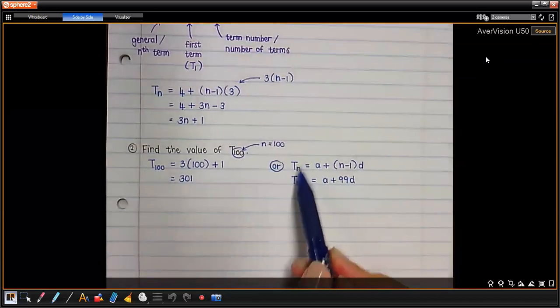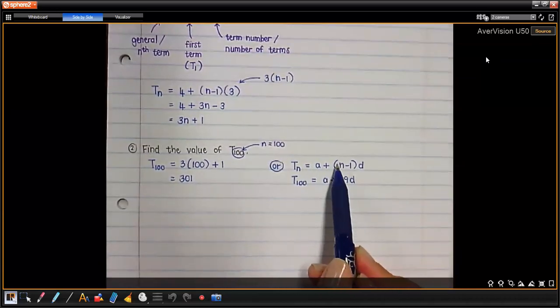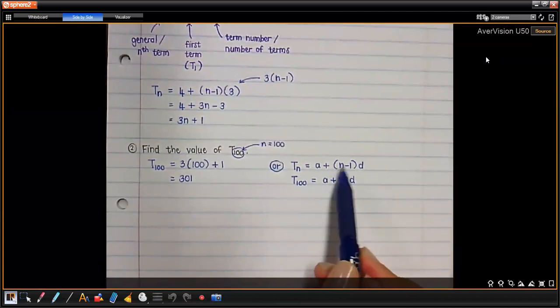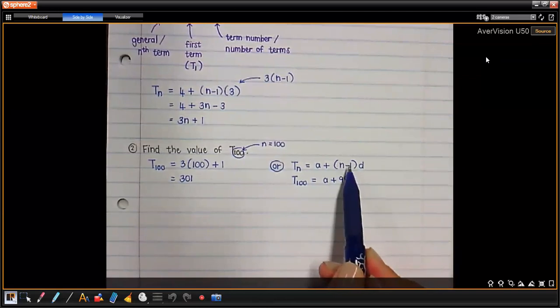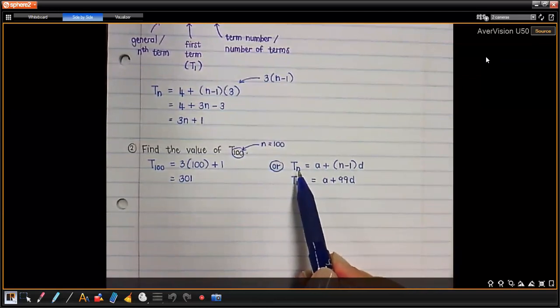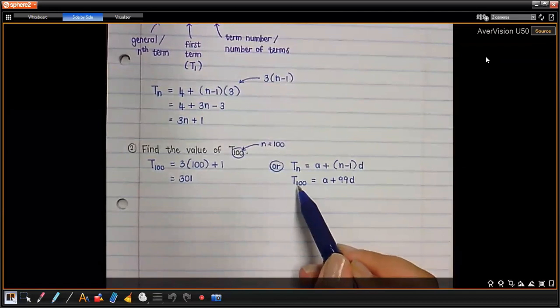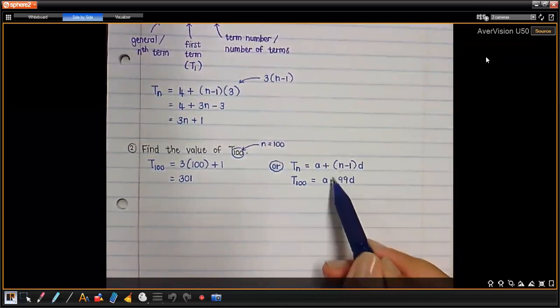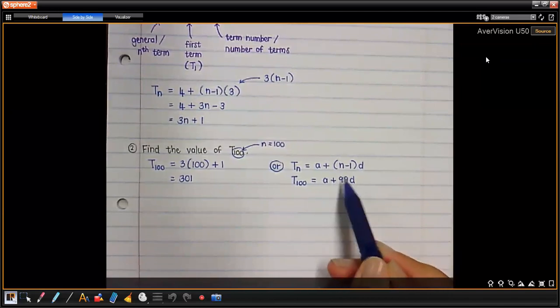So the number in your subscript, in the formula you use that number minus 1. You see that? N and n minus 1. This number here is 1 less than the number in the subscript. So if they're asking me for term 100, that will be the same as a plus 100 minus 1 times d. Does that make sense?